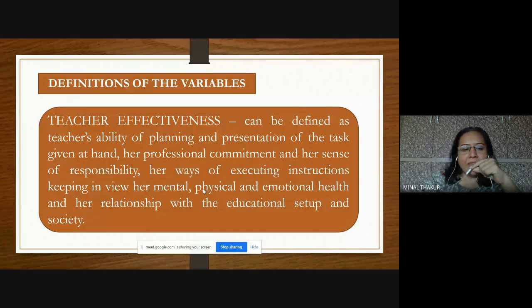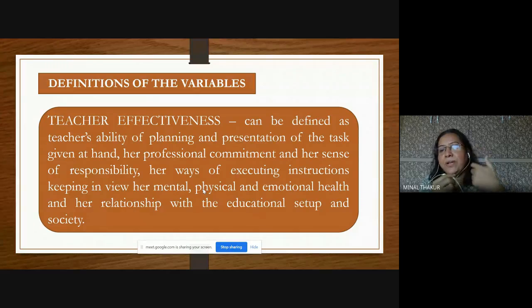And third is your sense of responsibility towards the stakeholders, as students, towards the institution where you're working, and towards the parents and your seniors and colleagues. The next is your way of executing instructions, keeping in view your mental, physical, and emotional well-being.